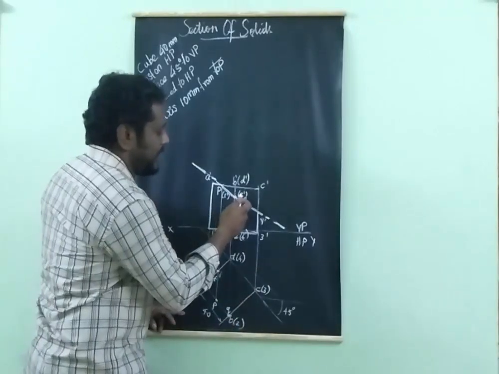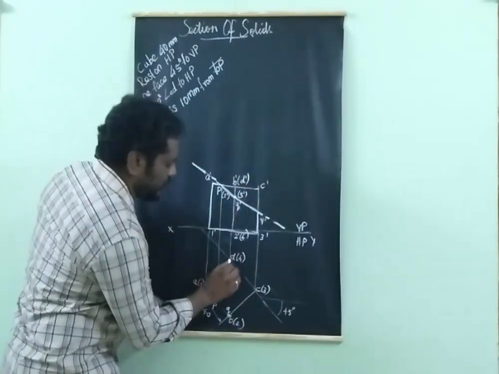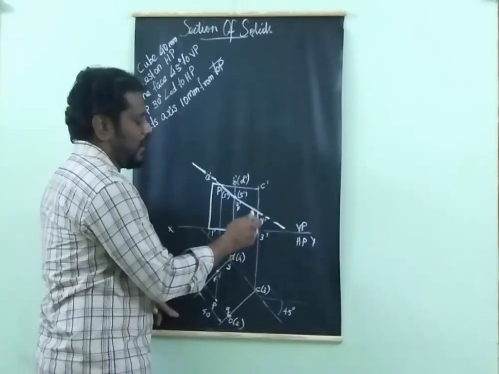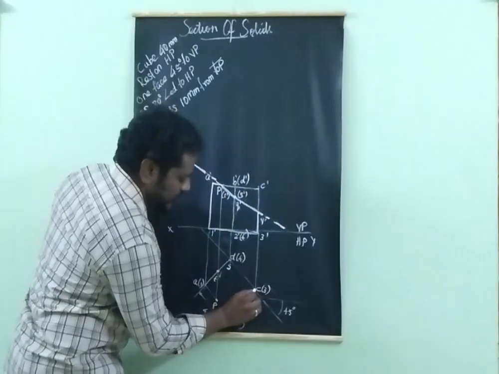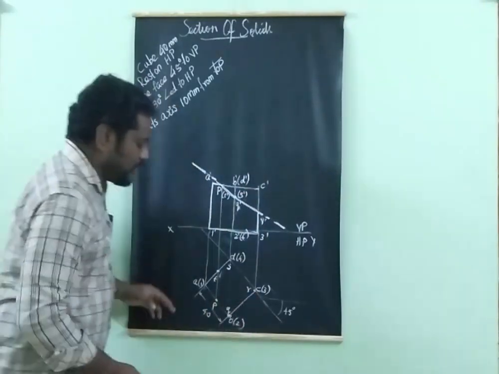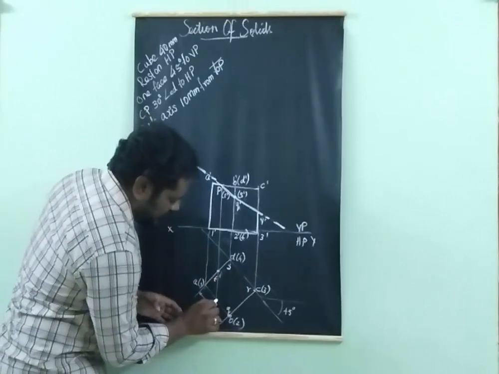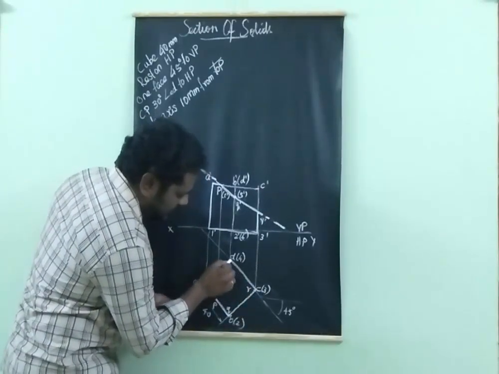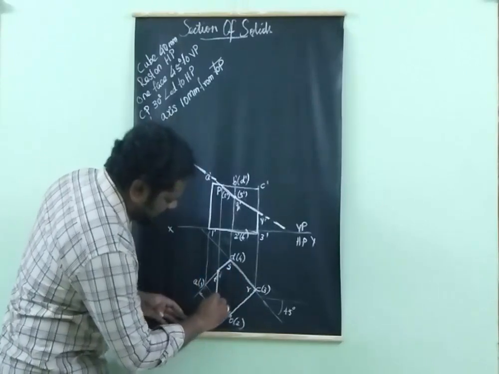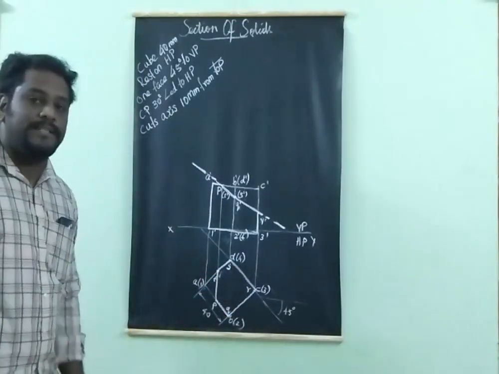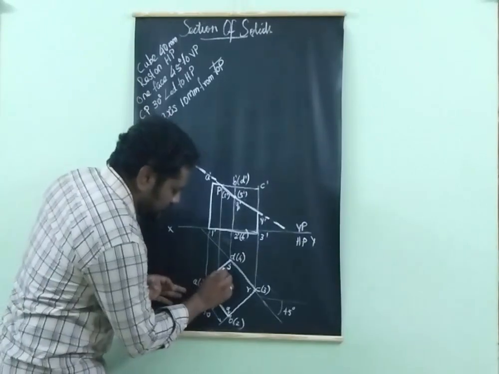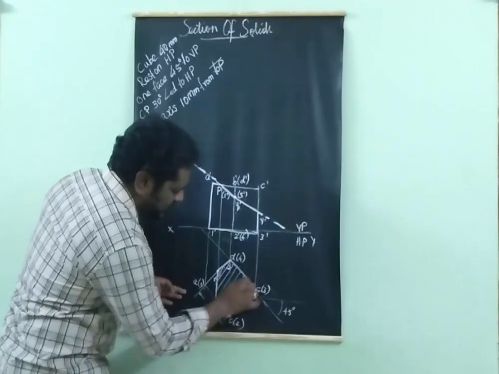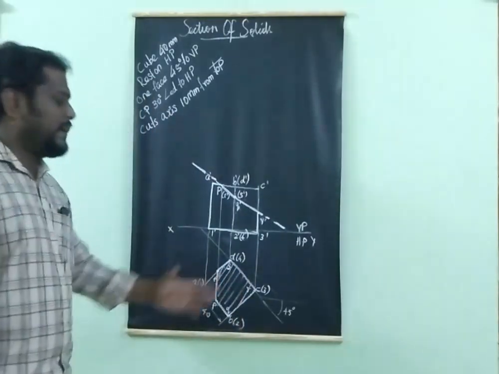Similarly point S is in the longer edge 4D, so here it will be point S. Similarly point R is in 3C, so here point R. Now connect all those lines PQ, QR, RS, ST and TP. This is your sectional top view. So now hatch these lines only. Okay, this is your sectional top view.